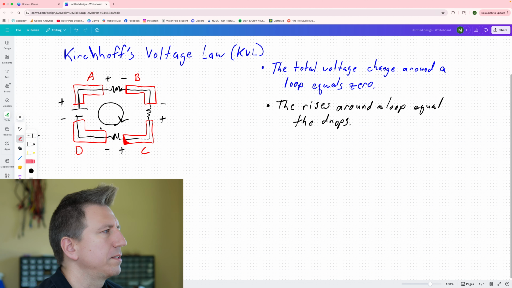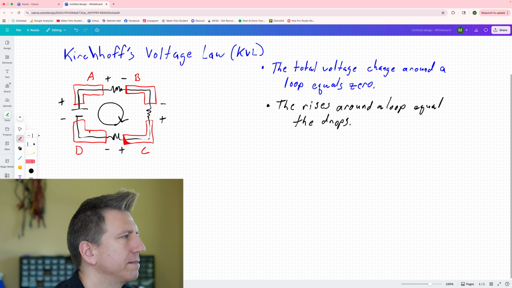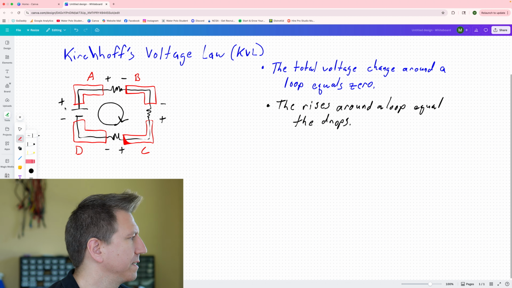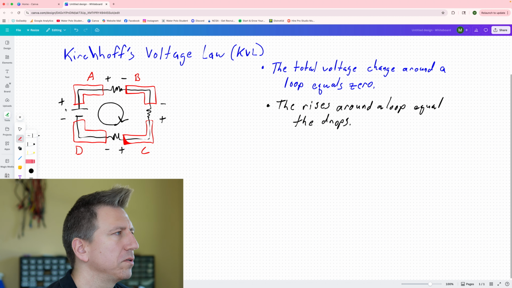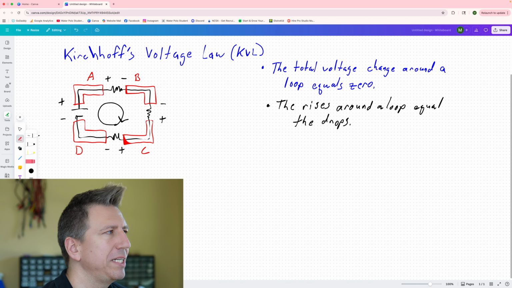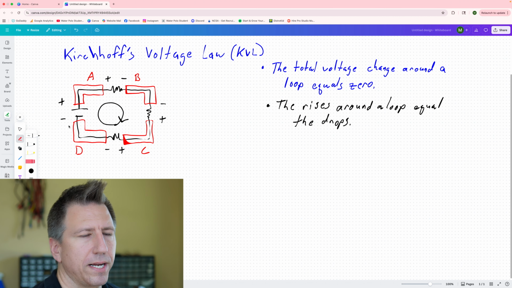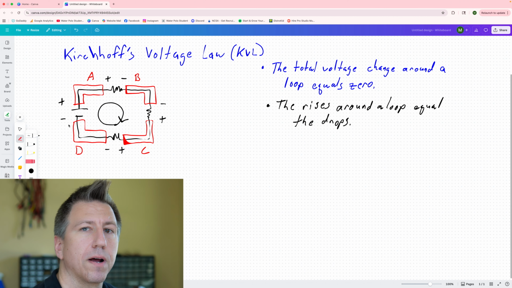So now as I go around the loop, I'm going to start again at D. When I go through the battery, I go from a minus to a plus. And so a minus to a plus would signify a rise in the voltage. Now this might not be a rise in actuality, but because we are labeling it this way in our equation, we're going to write it on the rise side.